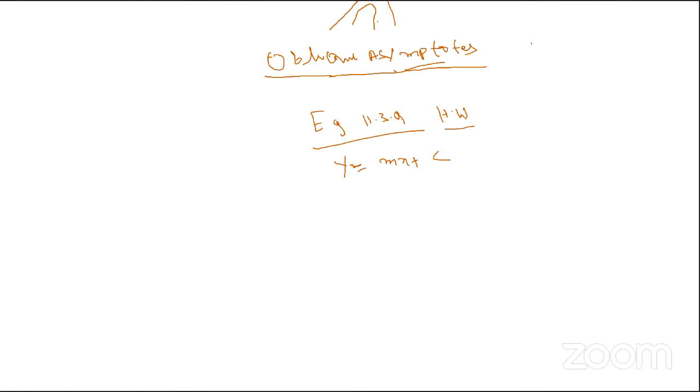The perpendicular distance from the point to the line is the modulus of y minus mx minus c, whole divided by under root 1 plus m square.